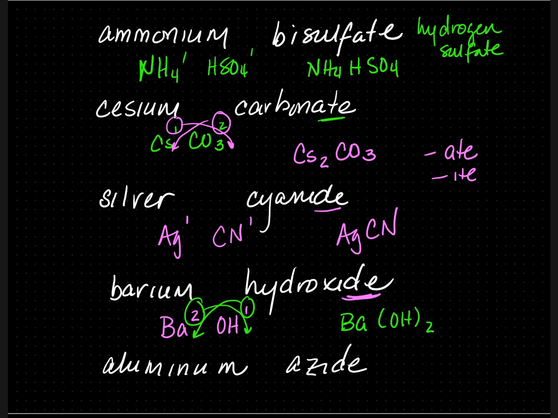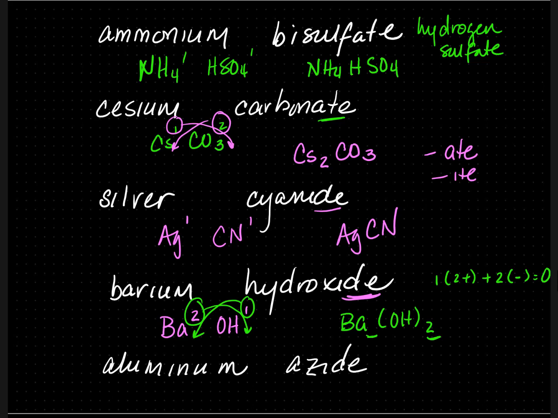And we could check if this is correct. There is 1 barium, charge of barium is 2+. There are 2 hydroxide ions, the charge is -1. And if I add this up, this is equal to 0. So for more than one polyatomic, you always add parentheses.